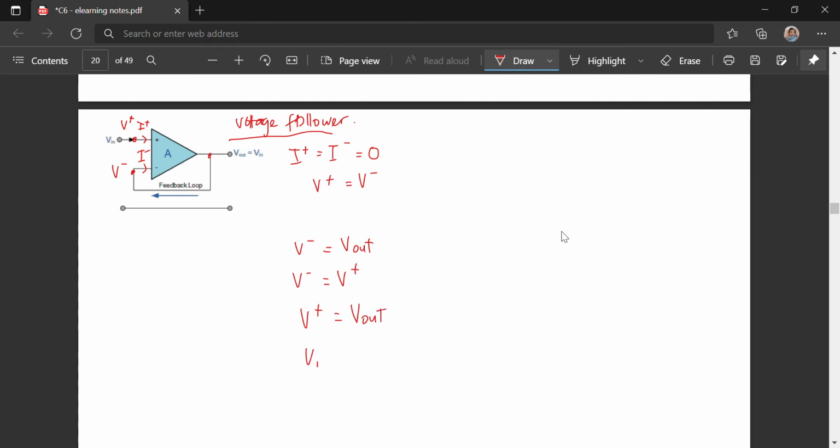And since V in equals V plus, therefore V in equals V out. If you want to find the gain, A equals V out over V in, we get 1. That's it.